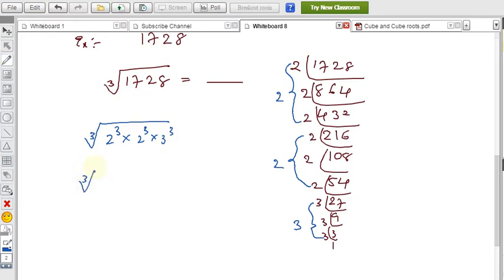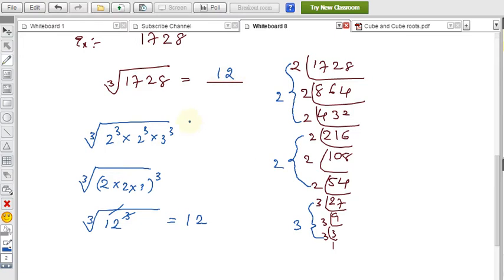So the cube root of (2 into 2 into 3) whole cube, which is 4 threes are 12. So 12 cube, therefore the cube and cube root get cancelled. The number is 12. So our answer is 12. The cube root of 1728 is 12.